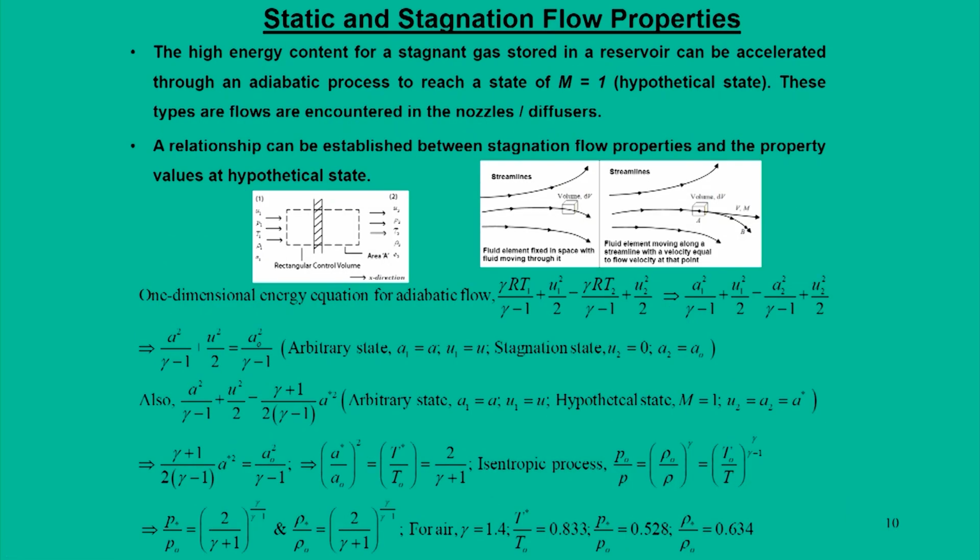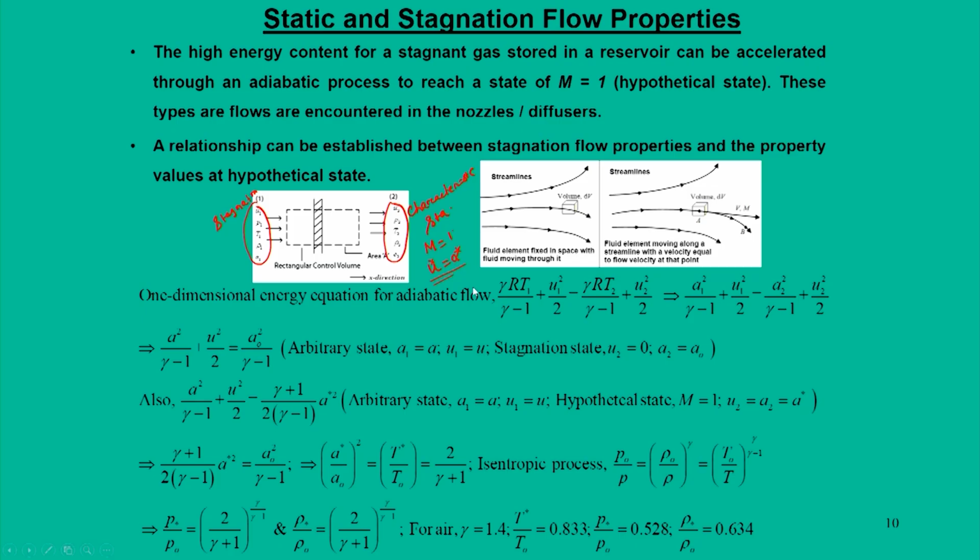In another situation, we are going to calculate the condition of stagnation versus characteristic state. So if you say the initial conditions are stagnation and the final condition is the characteristic state, which means at this state the Mach number is 1 and u becomes a star, u star, all the values become star values.